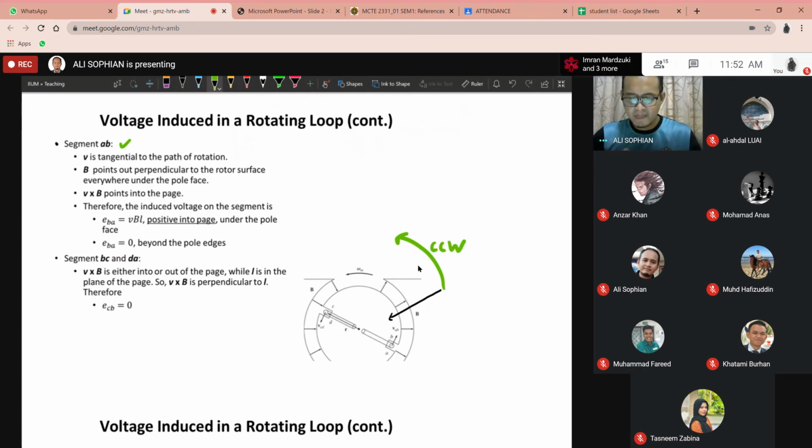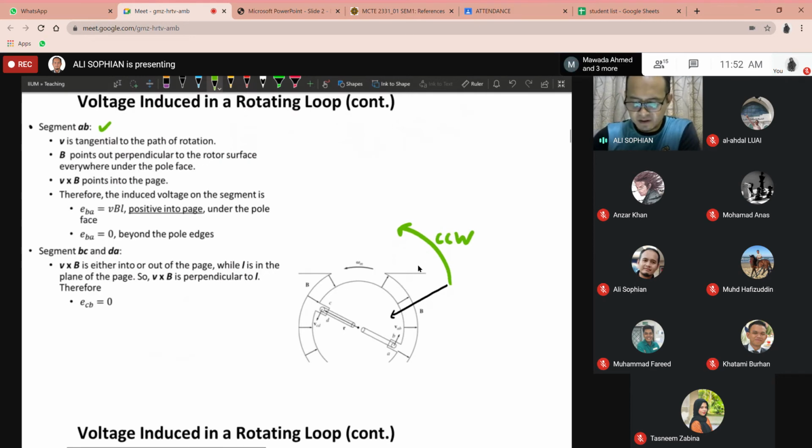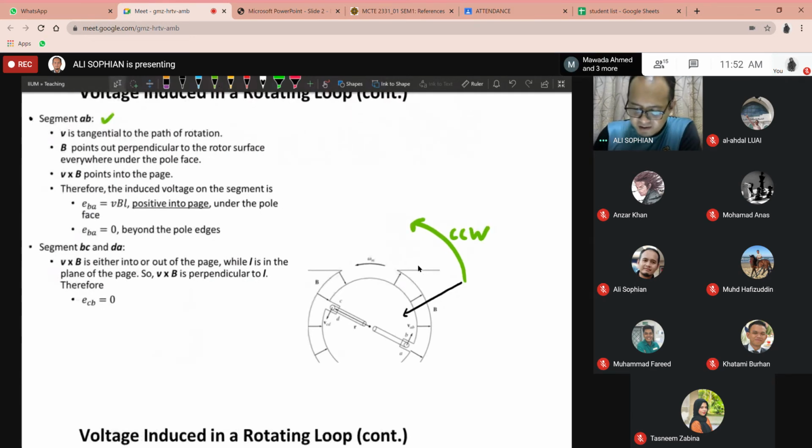This is the segment that we are talking about currently. When we look at it from the front side, this wire just looks like a dot. And so this is rotating counterclockwise, which means that the linear velocity is actually going in this direction here.